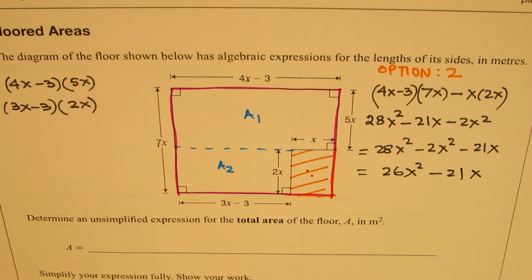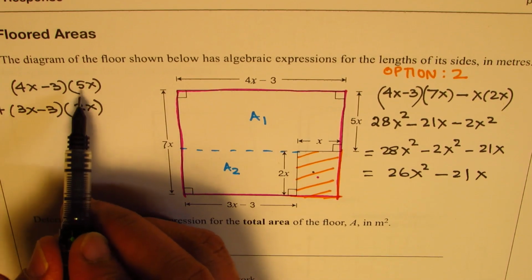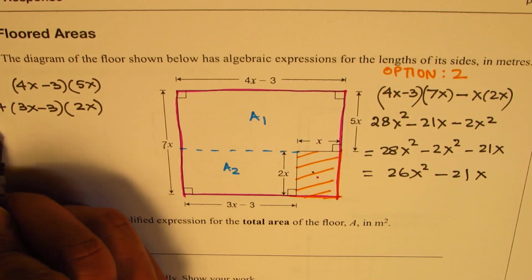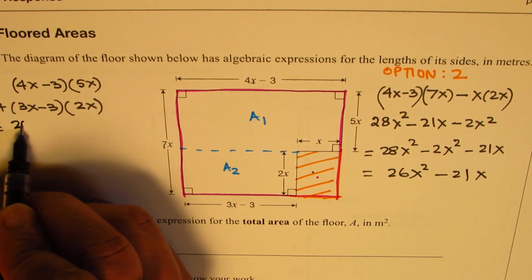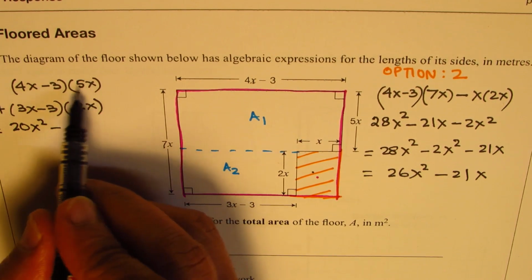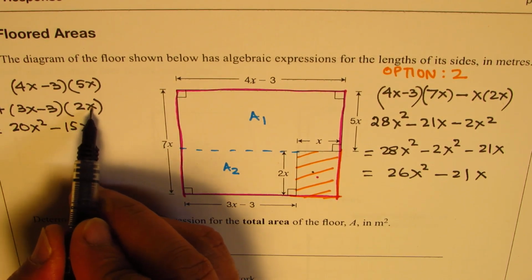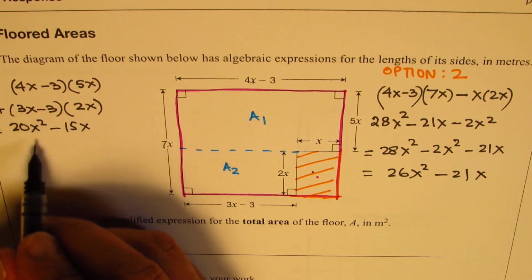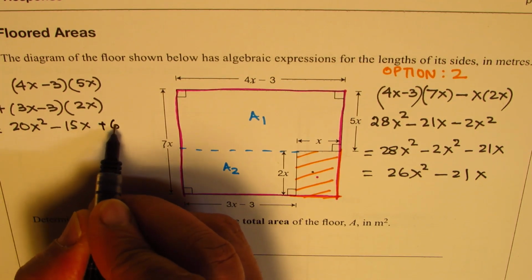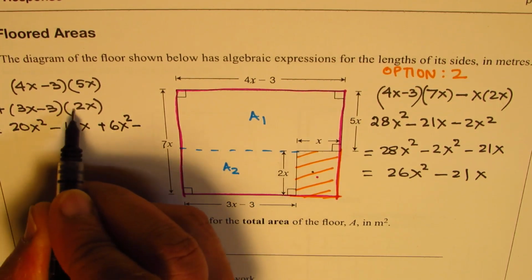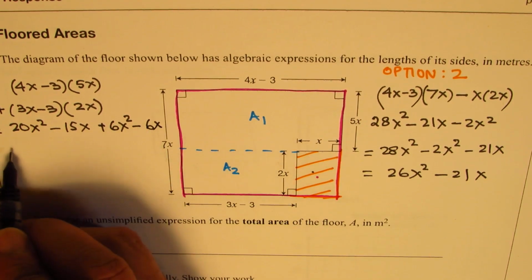Let us see what we get from the left side. If I multiply by 5, I get 5 times 4 as 20x squared minus 5 times 3, 15x. And here we are multiplying by 2x, so we get plus 6x squared and minus 2 times 3 is 6x.